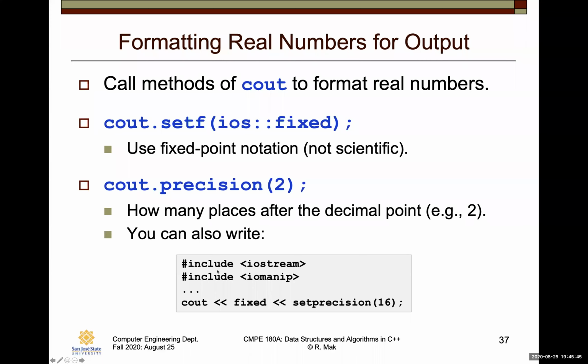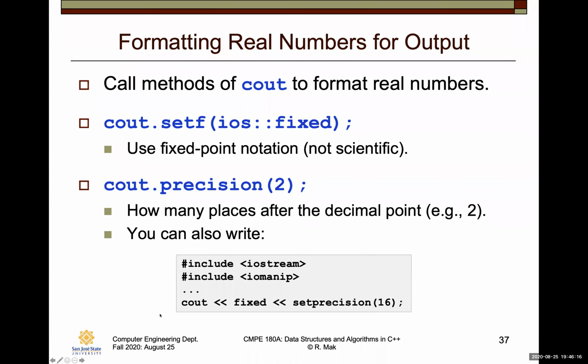Here, first of all, whenever we use cout, we have to include iostream, and we have to include iomanip in order to do what I'm about to show you. So here we have a cout, and we're sending the IO manipulator fixed to it, and we're sending a setprecision to it of 16.